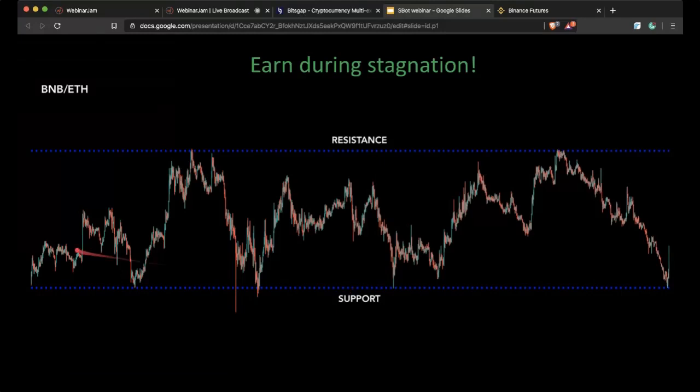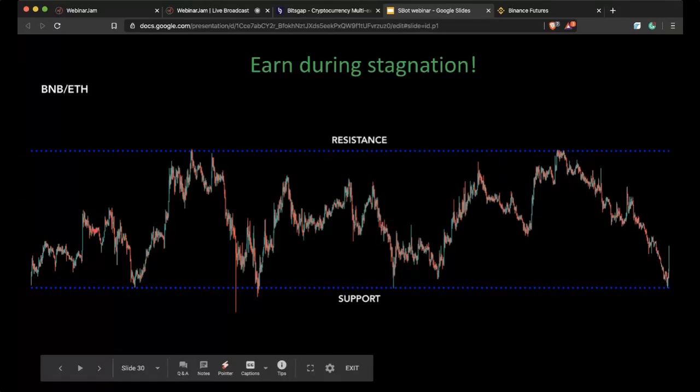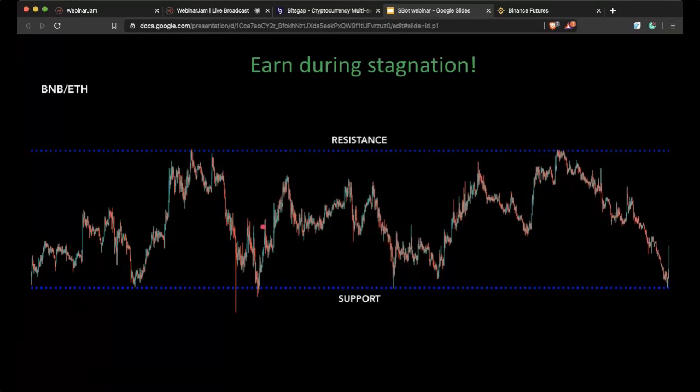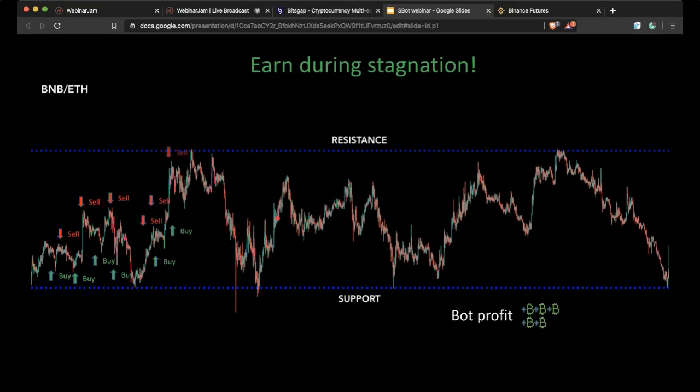It means that it goes neither upwards nor downwards. It just gets stuck somewhere in the middle. So maybe today you are in a small profit, but tomorrow as the price plunges, you are in a negative investment change value. But if you initiate the bot on the sideways, it will offset this stagnation effect as it makes you the profit.